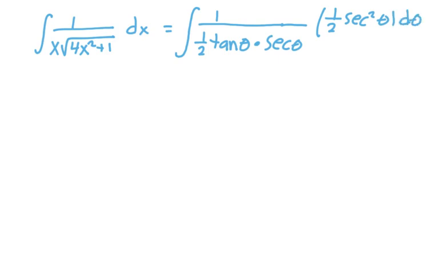Now, I can get rid of the 1/2s right here, right? And this can be written as the integral of secant theta divided by tangent theta d theta, like so.